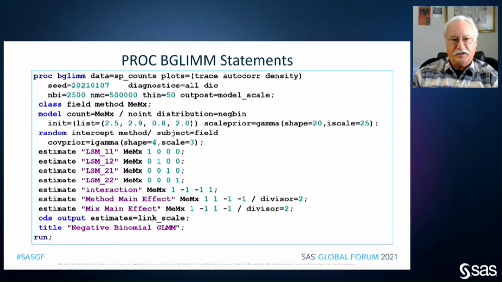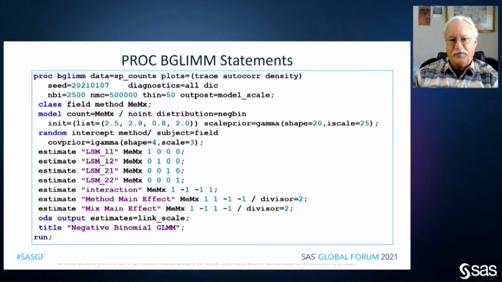There's quite a bit of thinning that needs to go on here because it's a complex design, and the negative binomial is a kind of demanding distribution to work with. In the model statement, you see the same starting value list that we saw with the Beitler-Landis example, but you also see a scale prior here. So what this is doing is specifying a prior distribution for the negative binomial scale parameter, that phi that we saw in the previous slide.